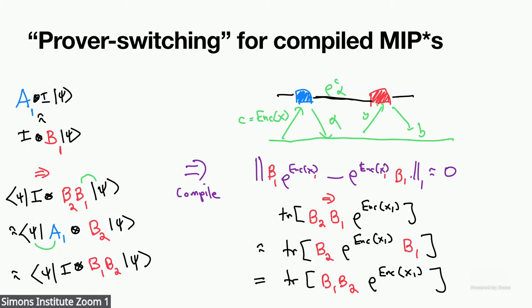Next, let's assume these operators are self-adjoint, so daggers don't mean anything here. I can act with the A1 to the left on the bra psi. A1 acting to the left on bra psi is close to B1 acting to the left on bra psi. So I now get a B1 that appears on the left over here. So I've used this to show that B2, B1 commute inside of an expectation value.